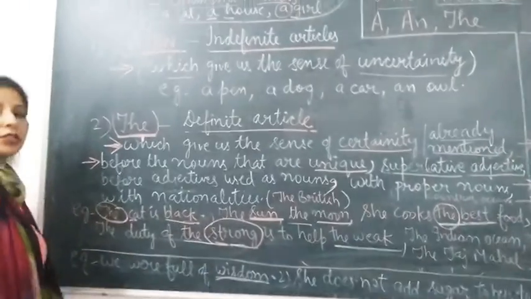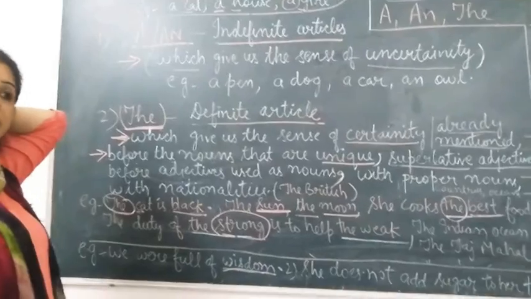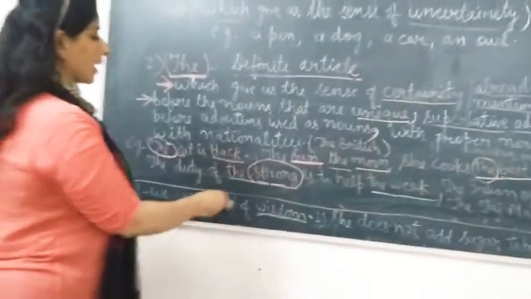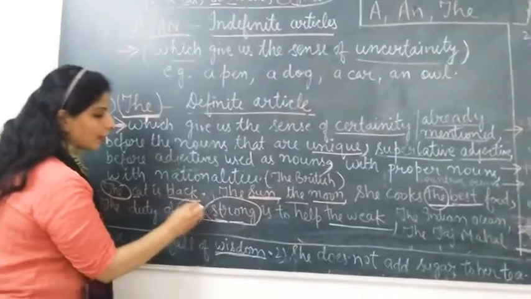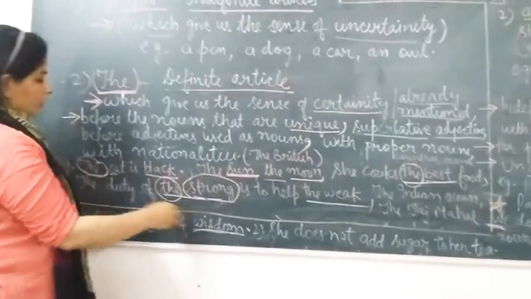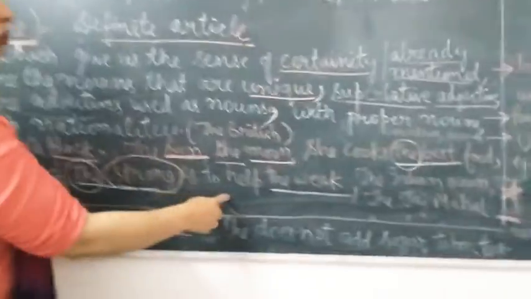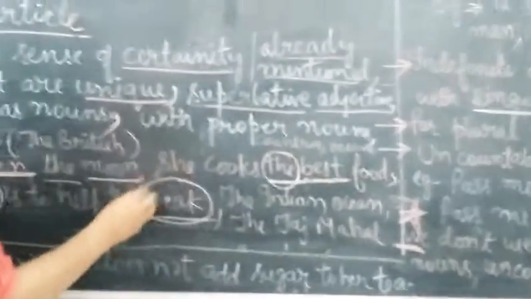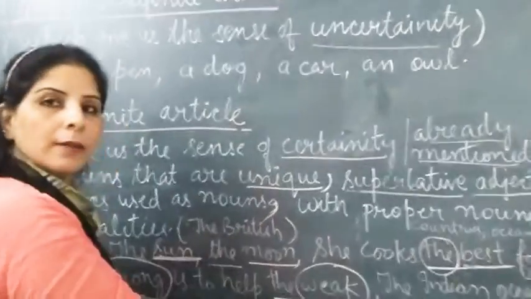Strong. Strong is not an adjective here, it is playing the role of a noun, so we have used the article the in front of it. In the same way, weak is otherwise an adjective, but here it is playing the role of a noun, so I have used the article the.